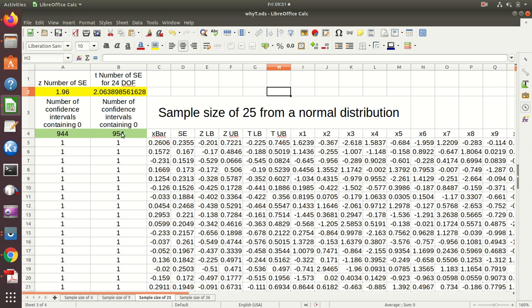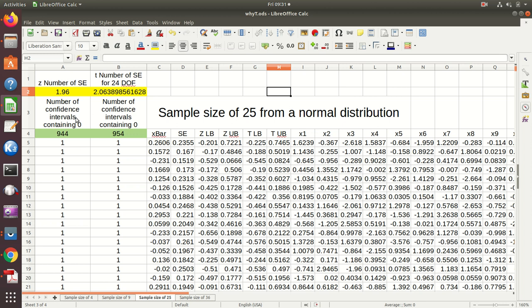And here we're at 954, 944. So you see we're getting close here in this number, but it's really not quite there. It's a little small because the 1.96 is a little smaller than 2.06. This number is always going to be just a little too small for our 95% confidence interval.